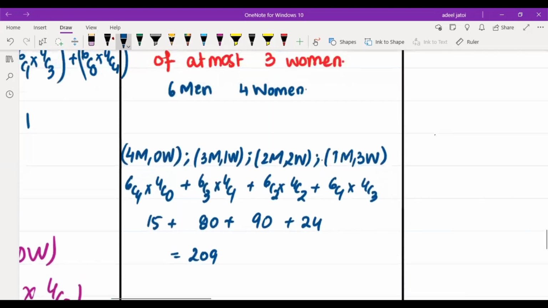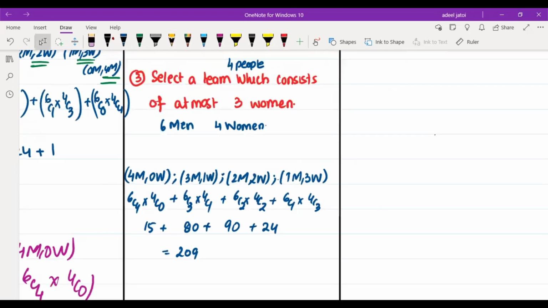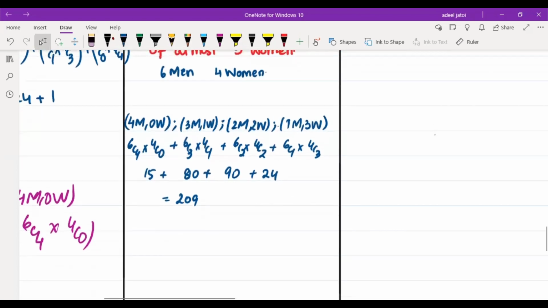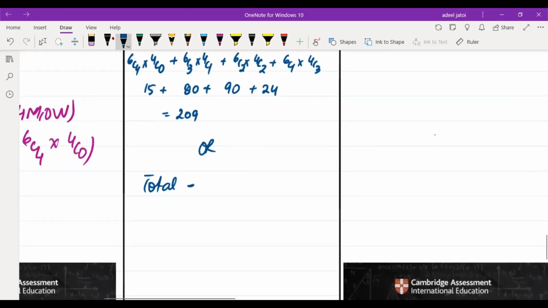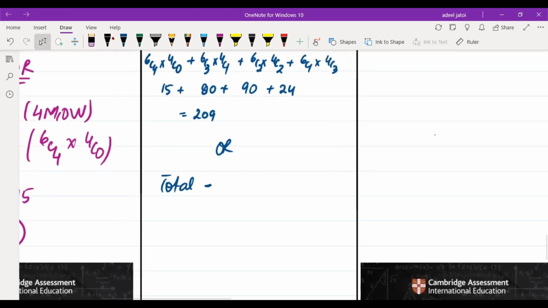209. Now, since this is showing the complete options, we can easily say total minus the option of 0 men and 4 women, because you can't have 4 women. At most 3 means you can have at most 3 women in it, so the 4 women option is not there.